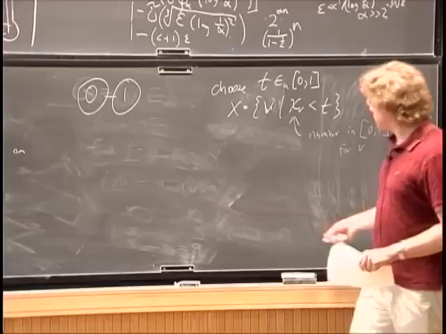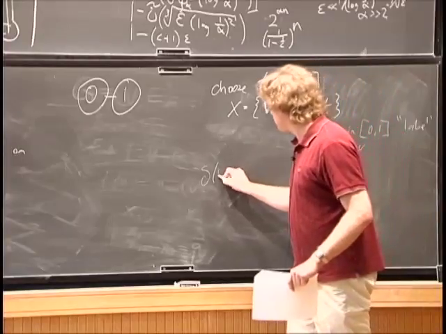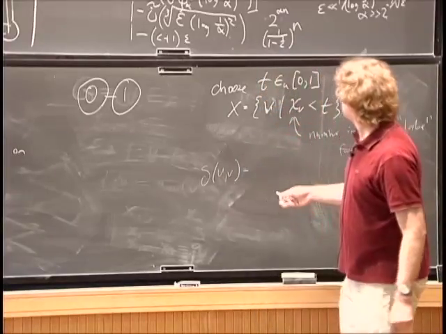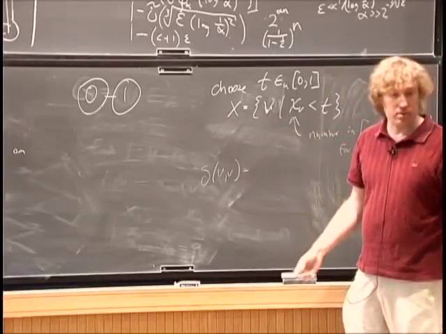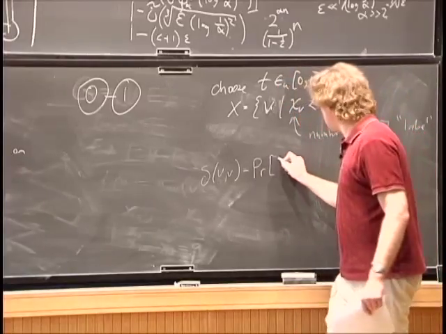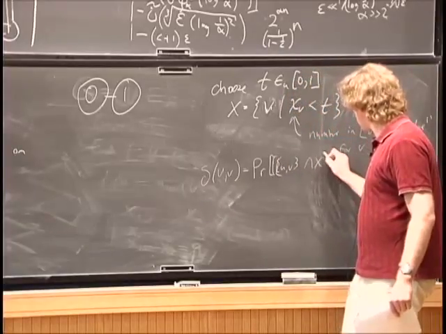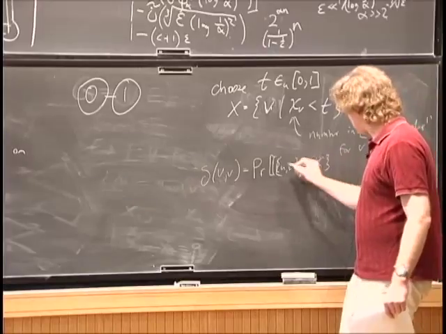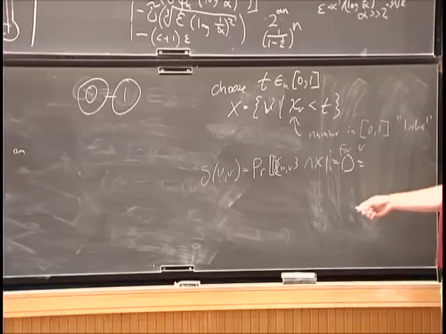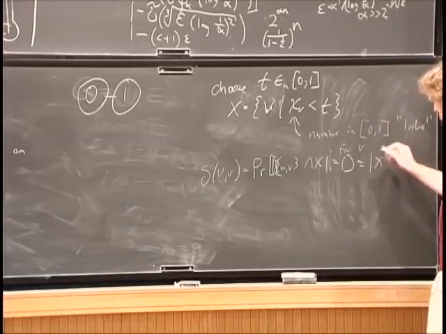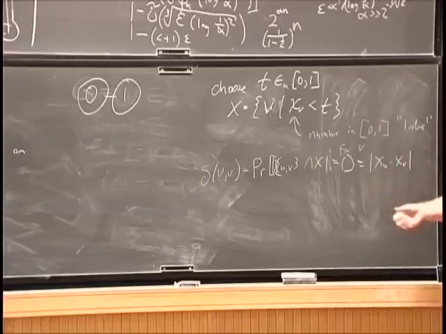And then we can define a metric delta on the vertices, where delta uv is exactly the probability that u and v are cut by X. And this is exactly |xu minus xv|, whether it's an edge or not.